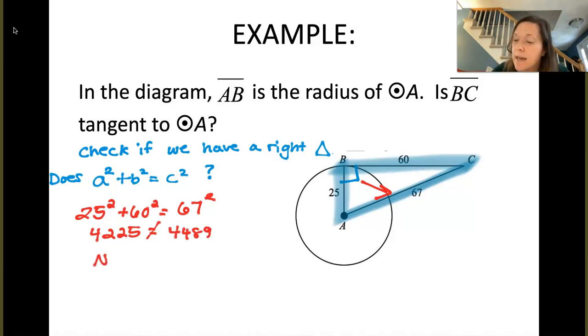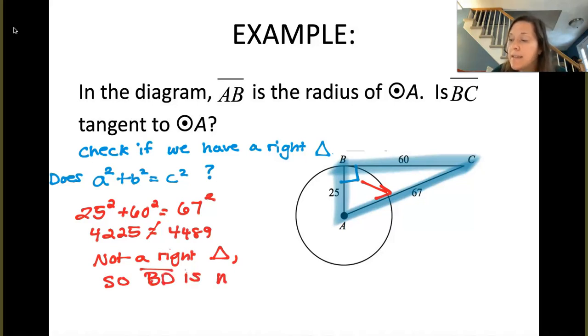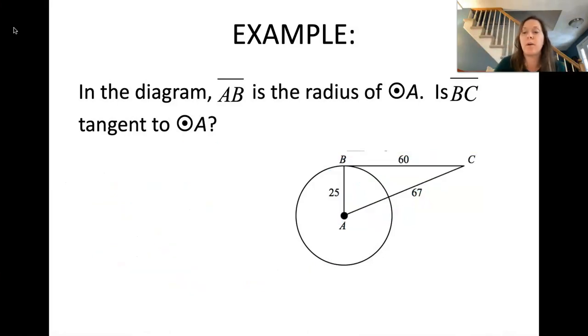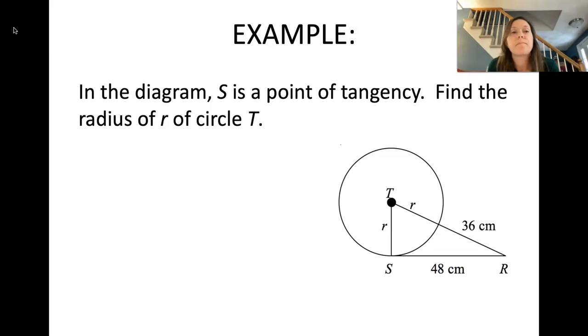So this is not a right triangle. So BD is not tangent would be our answer. Okay, do you see how that works? It means it's not tangent, which means it's not a right angle. So it would then intersect somewhere else on that circle.